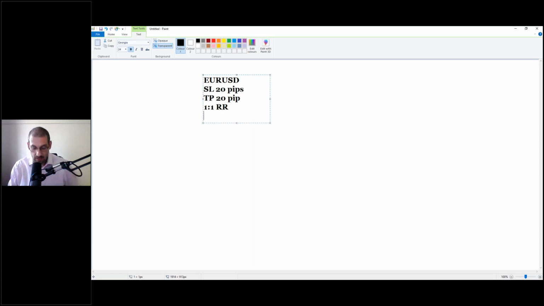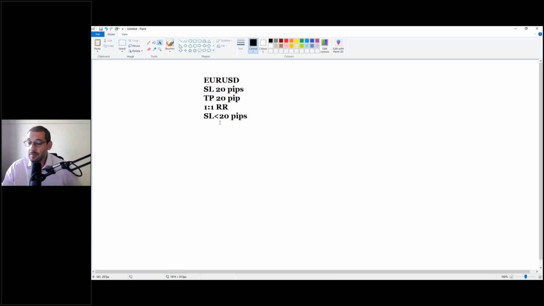If we're going to get stopped out, we want to try and get the stop loss less than 20 pips. Ideally, we have been stopped out on 20 before, but most of the time we do get the stop loss up, and that's going to be part of the exercise, stop loss management.